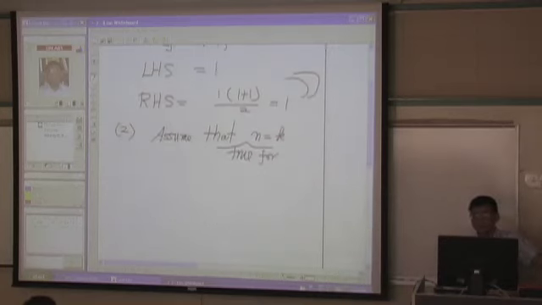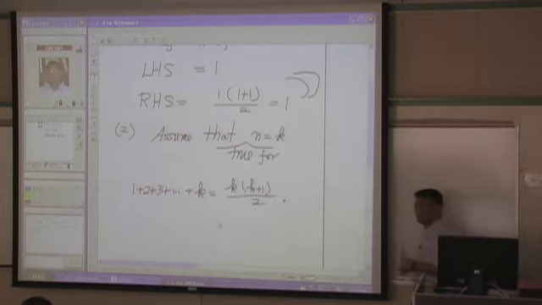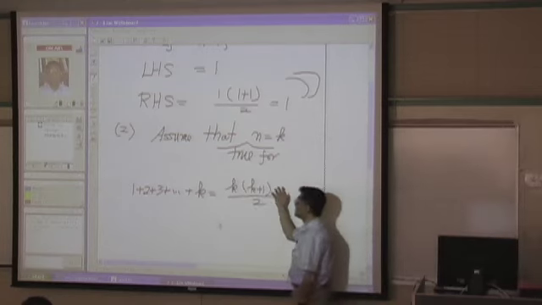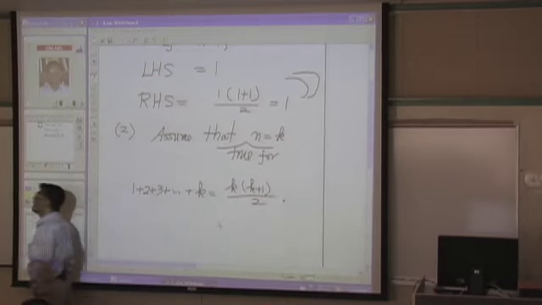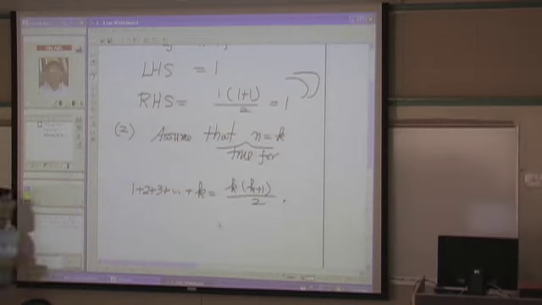Assume that the statement is true for n equals K, then 1 plus 2 plus 3 up to K equals K(K plus 1) over 2. Because I assumed that it is true for n equals K.